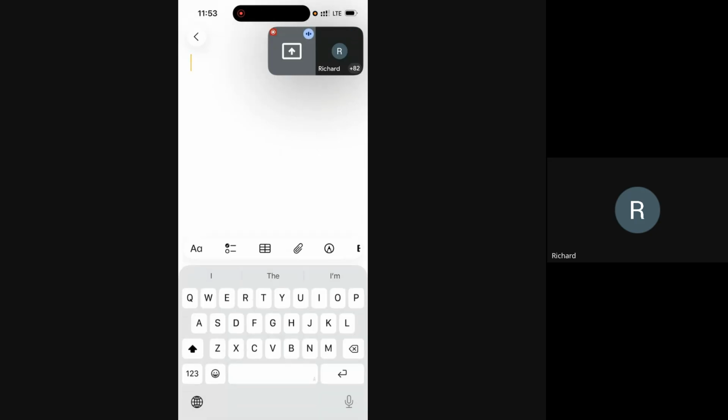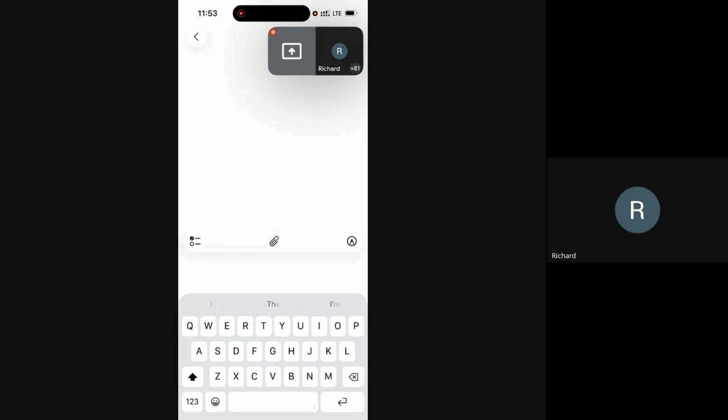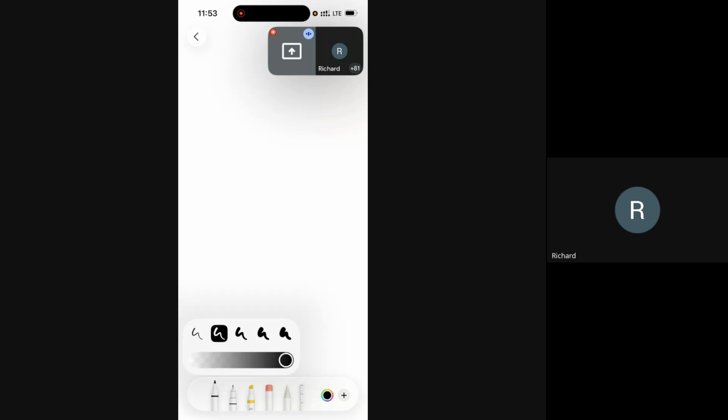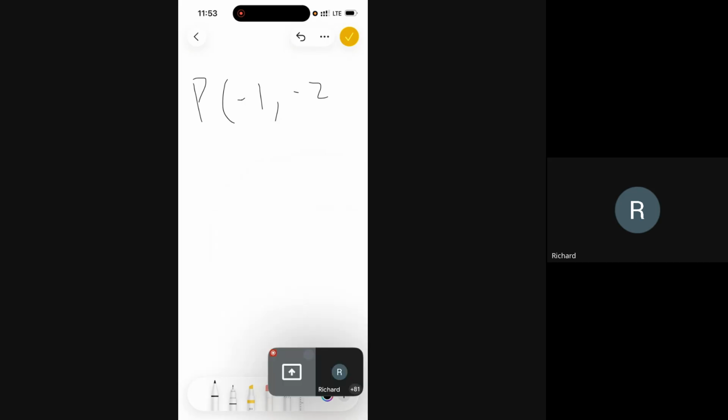Okay. So here we are given point P, and P has coordinates -1, -2. And then we are given point Q, and Q has coordinates 8 and 9.